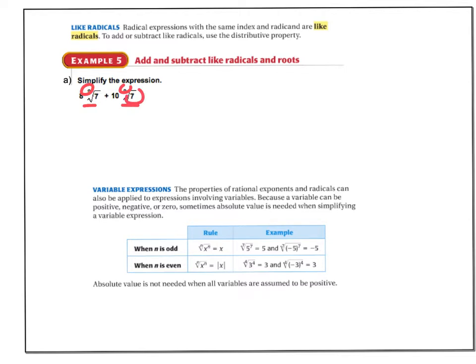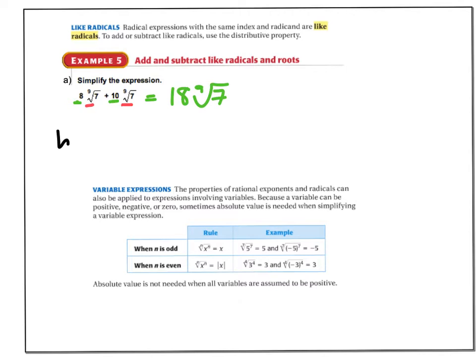And so we can put these together using simple addition, and the distributive property is technically how it's being done. But I can just add together my 8 plus my 10, and this final answer here would be 18 times the 9th root of 7 is how you would write that. And again, it's coming from the distributive property where you're actually factoring out the common term or common parts. That's the reason you're allowed to do it.